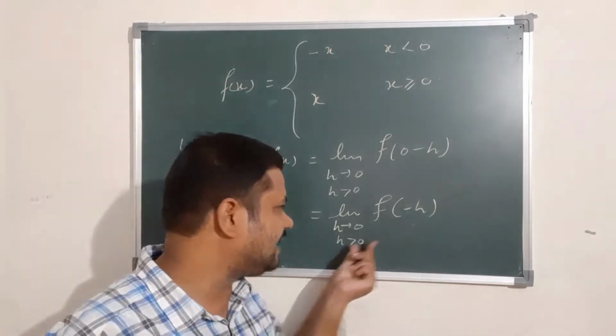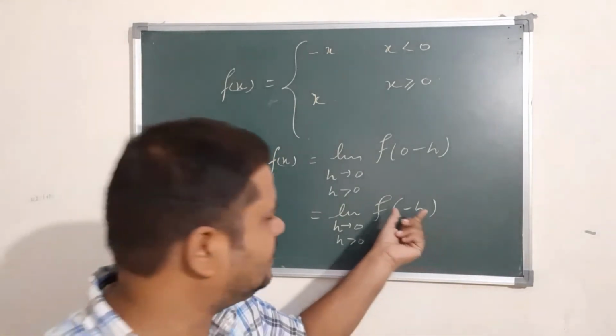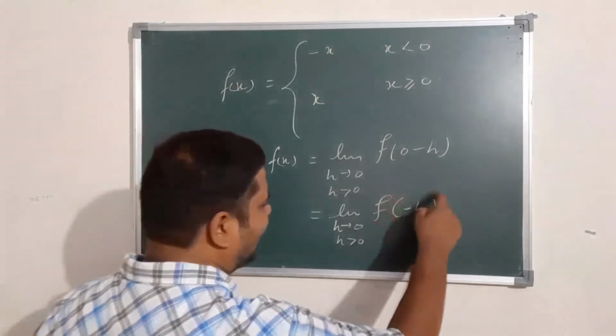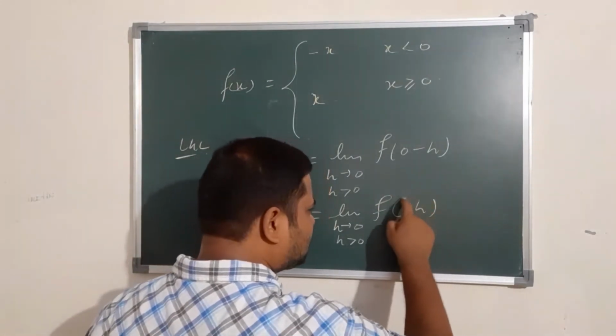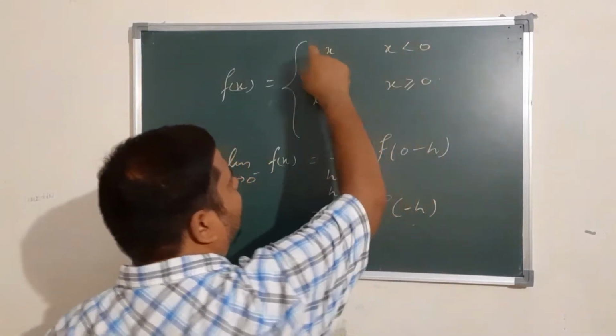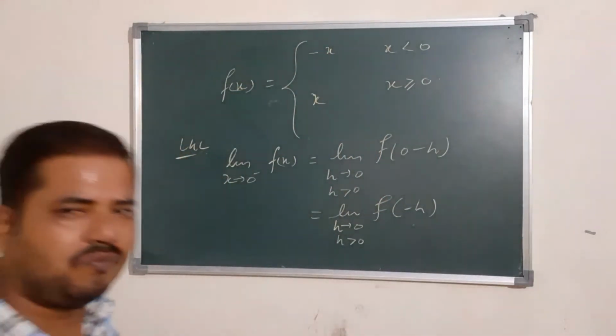If h is greater than 0, then minus h is less than 0, so the function is defined as minus x.